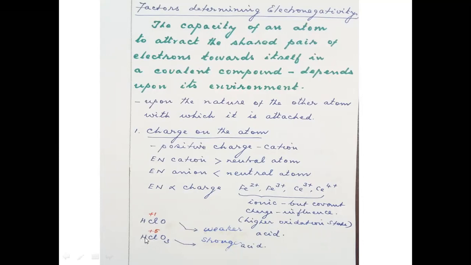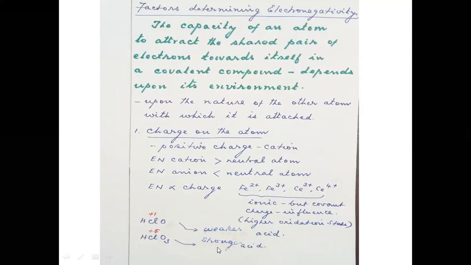So the H+ ion easily comes out of HClO3, whereas the H+ ion does not come out easily from HClO. Hence, HClO is a weaker acid, whereas HClO3 is a stronger acid.